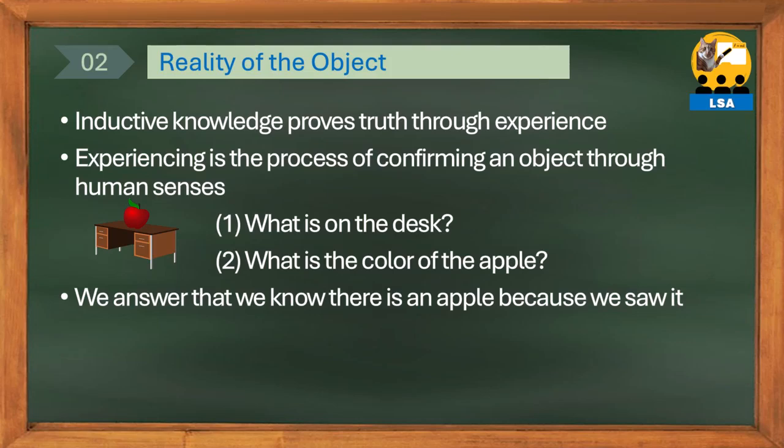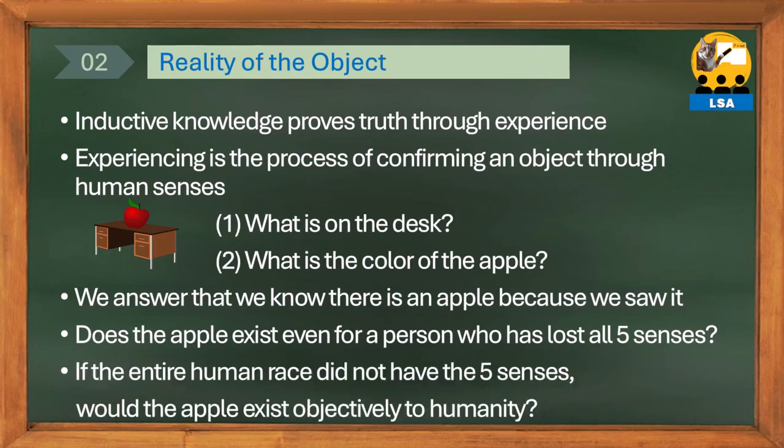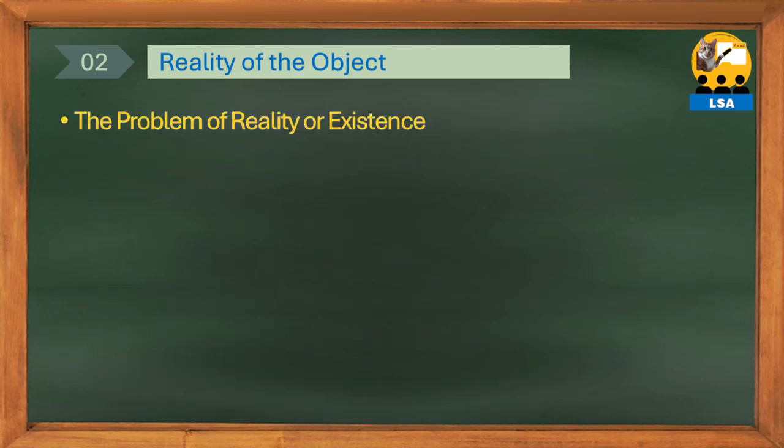As an extreme case, does the apple exist even for a person who has lost all five senses? To put it extremely, if the entire human race did not have the five senses, would the apple exist objectively to humanity?